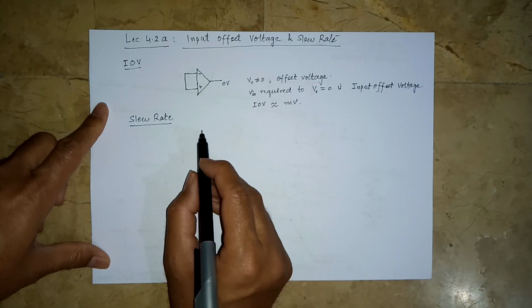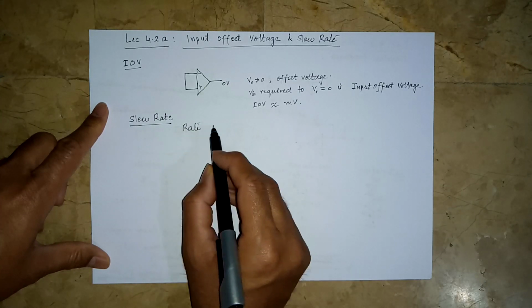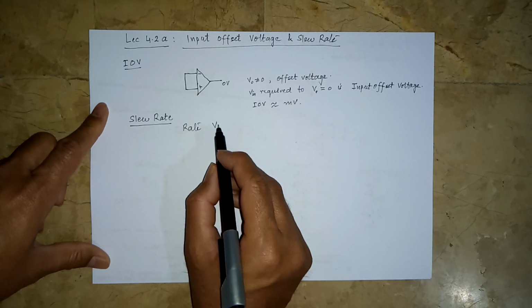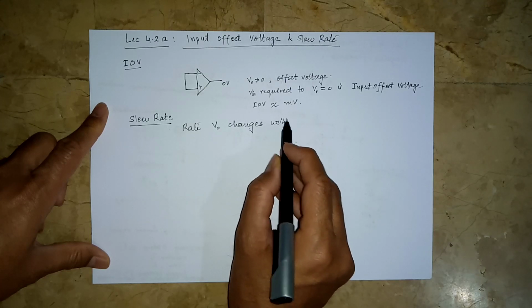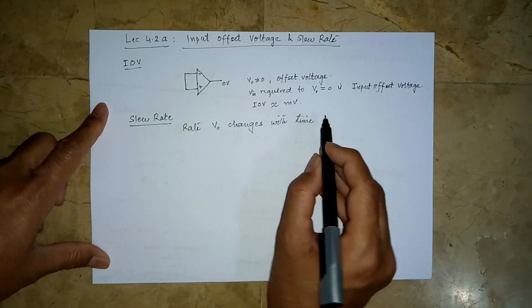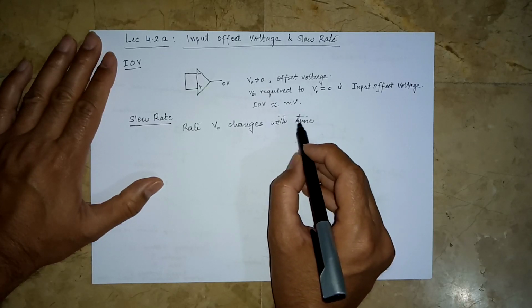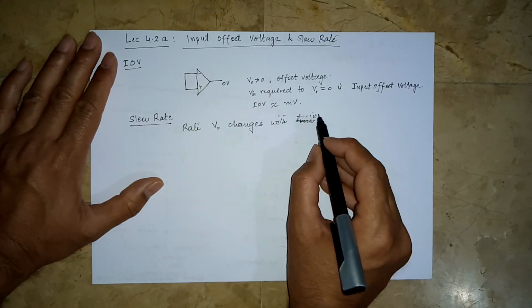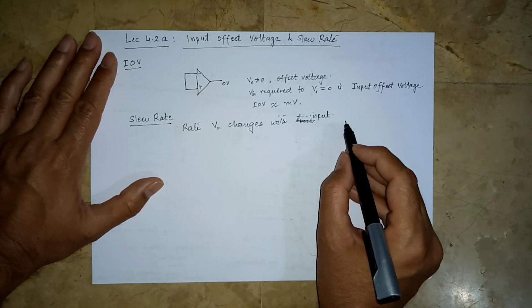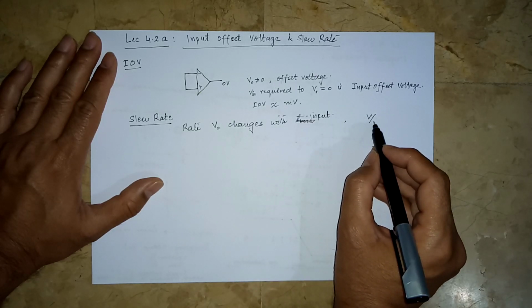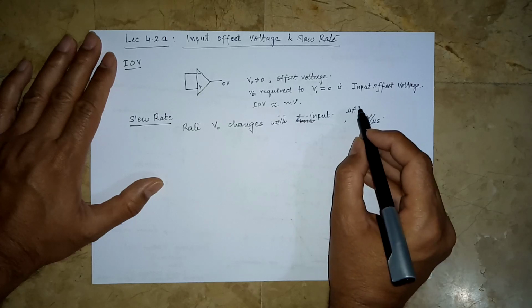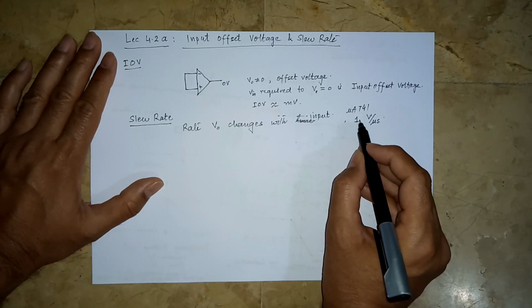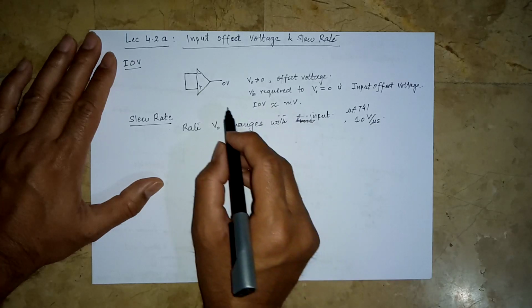Slew rate is the rate at which the output changes with time, with input actually. It is usually measured in volts per microsecond. For example, for the μA741, the typical value is 1 volt per microsecond. What does this mean? I will come to this later.